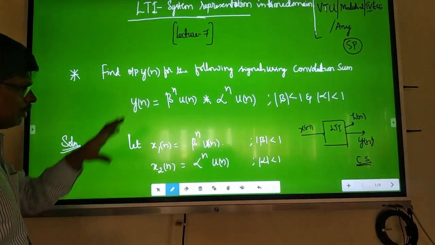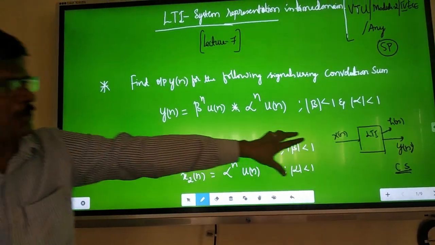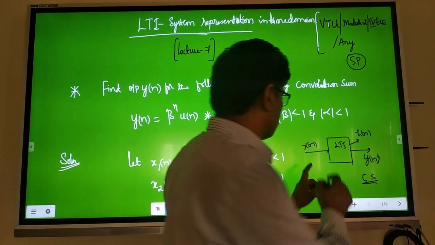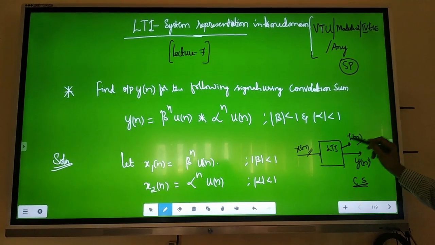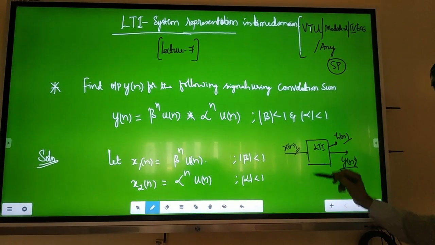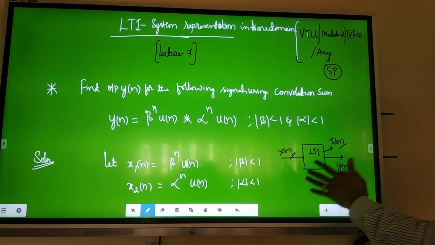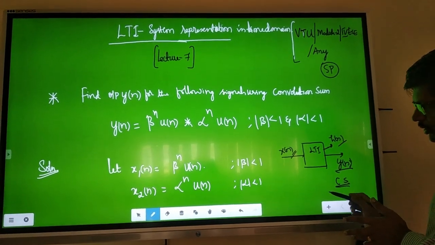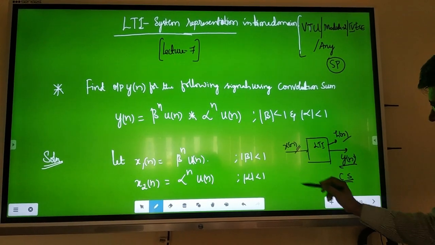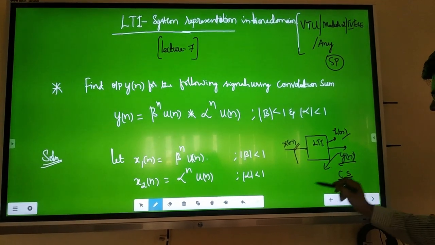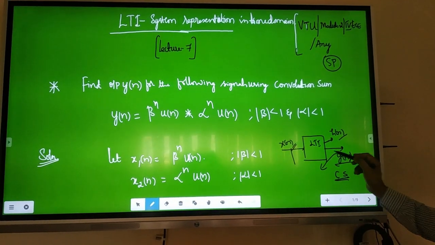Now, in my previous sessions we discussed LTI systems, linear time invariant systems, where x of n and h of n are the input and impulse response, and y of n is the output of the LTI system. We showed how to represent x of n and y of n in the time domain, in terms of shifted impulses, through derivations.